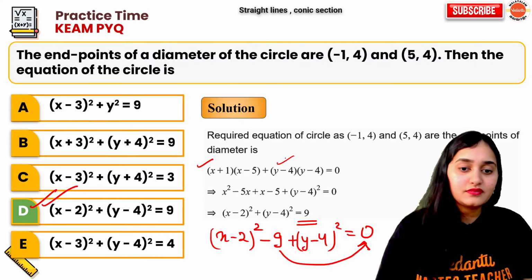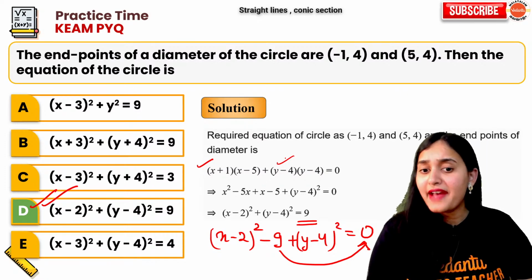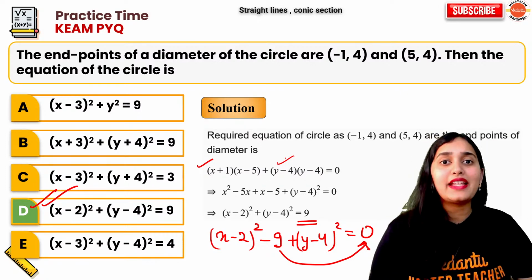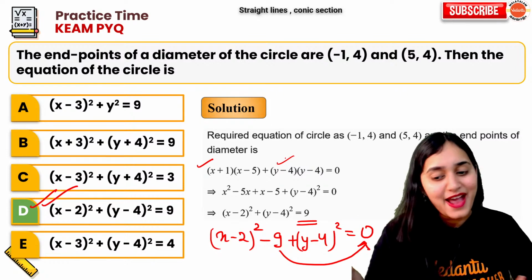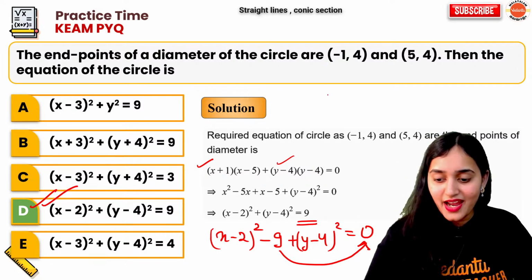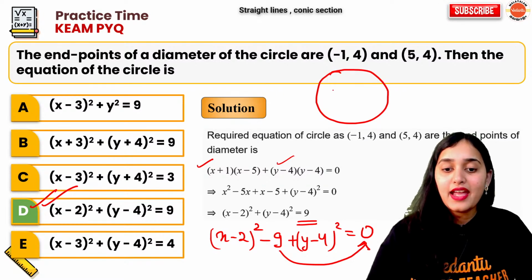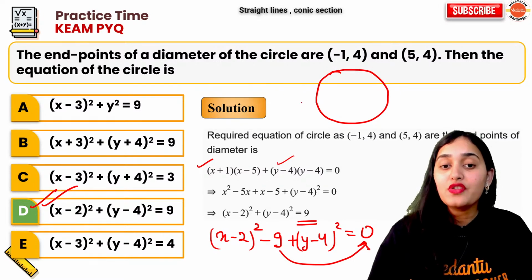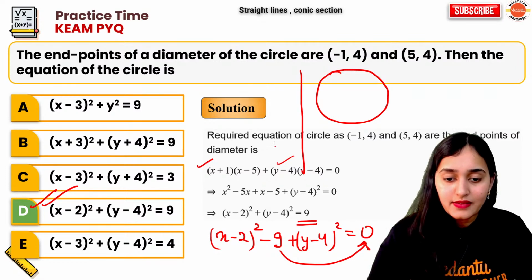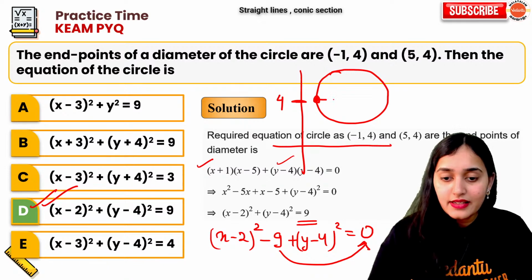How can they have the same y coordinate and a different x coordinate? Why can't they have, Muhammad Rashid? If your circle is like this and suppose y equals to 4, this is your y axis and this is 4 and this is the diameter.